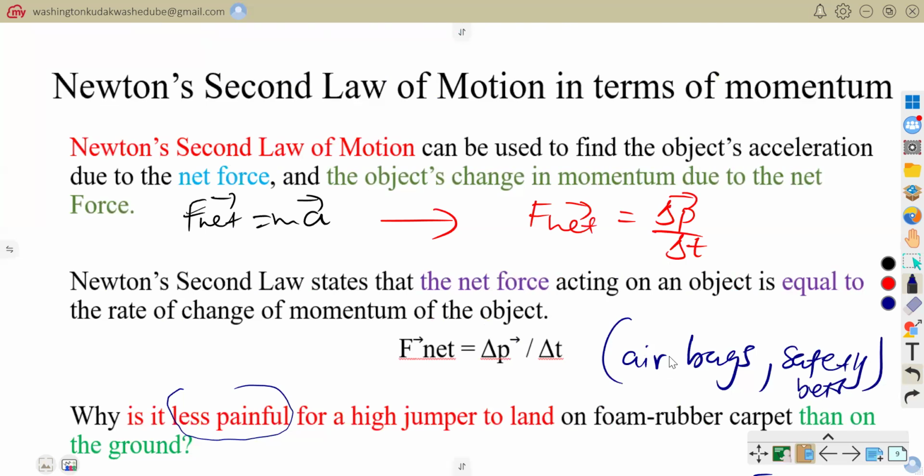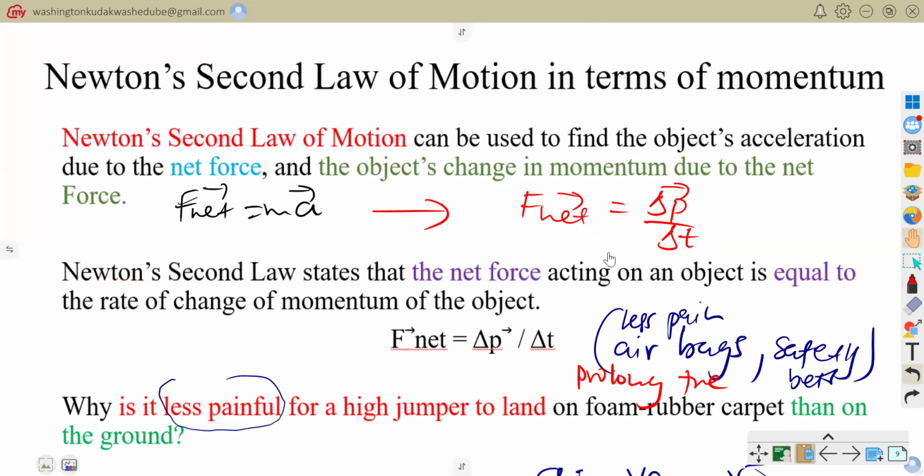So you will see that airbags are increasing the time interval in which you would hit the steering wheel when your car experiences a collision. So you would feel less pain. Why? Because they prolong the time of impact.